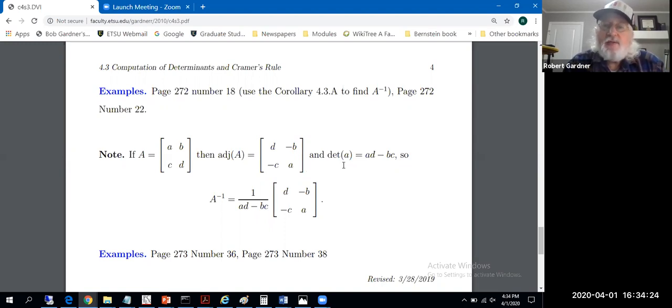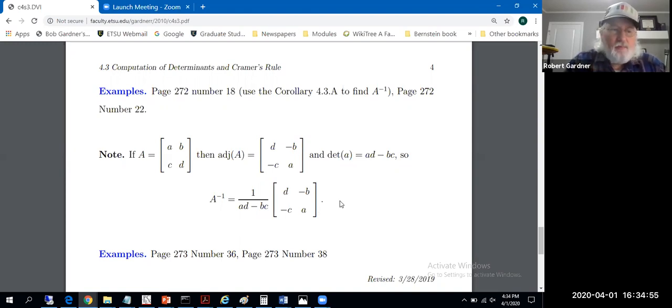The determinant of matrix A is just AD minus BC. So given the adjoint and given the determinant, we can state a formula for A inverse simply in terms of the entries of matrix A when it's just a 2 by 2 matrix, and we'll get this expression here. I only mention this because there's a chance you've seen finding inverses of 2 by 2 matrices before with this little formula.